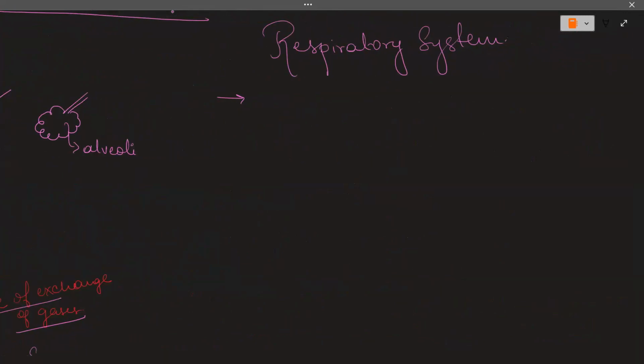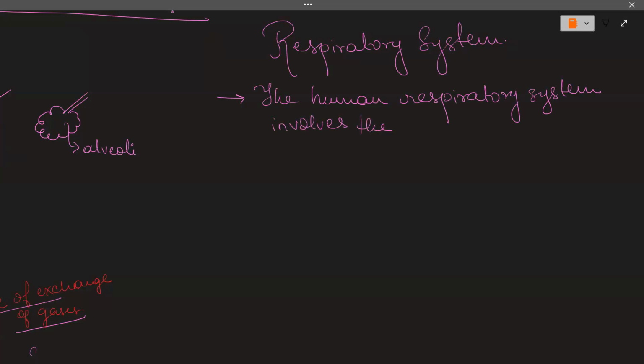So we'll write that in proper language also, that the human respiratory system involves the nose.